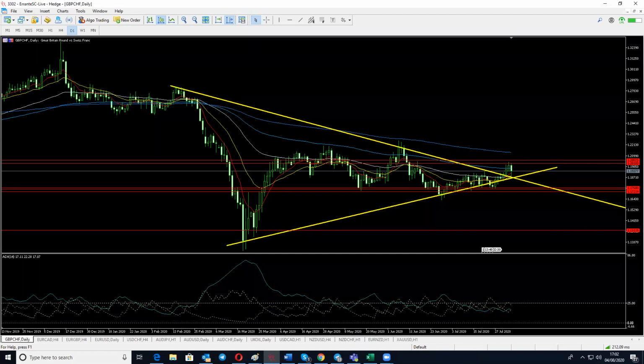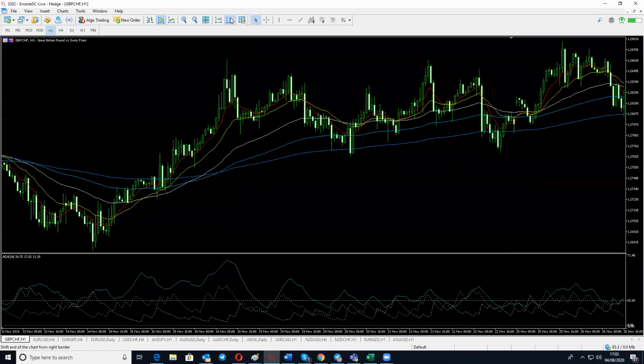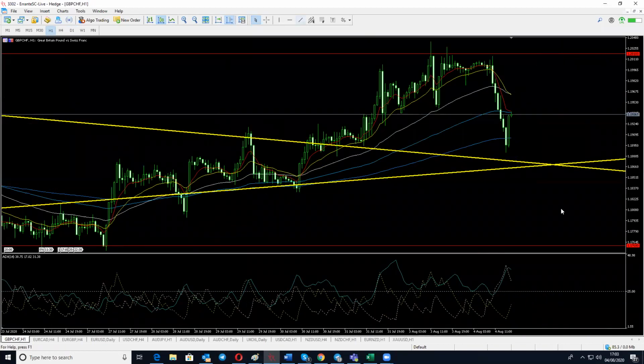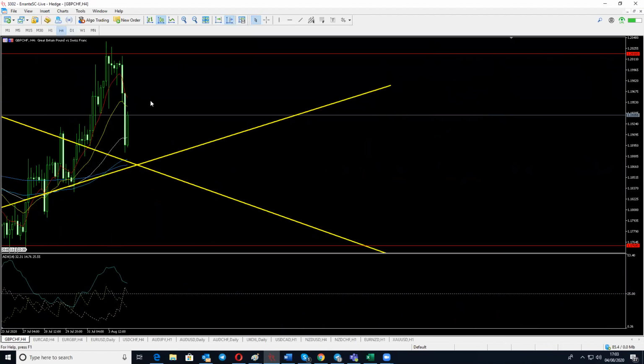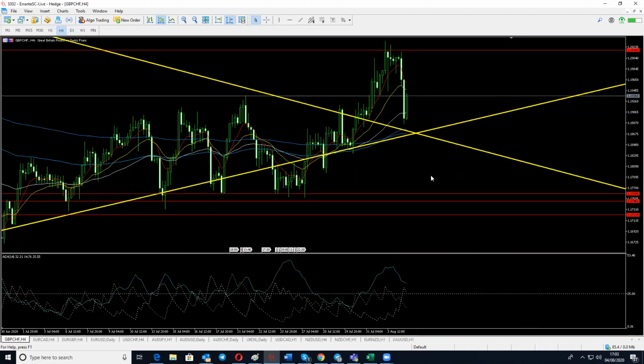So here GBP CHF at this stage, it's a little bit too early for looking at the downside. If we go on to a lower time frame, like the 1 hour time frame, you can see that we experienced a little correction right there, but the fall was quite strong for the GBP. So there are many reasons for justifying why GBP is really weak.